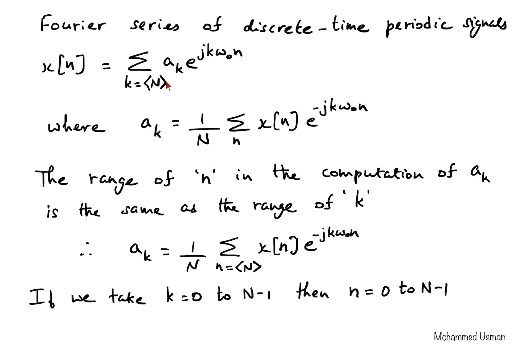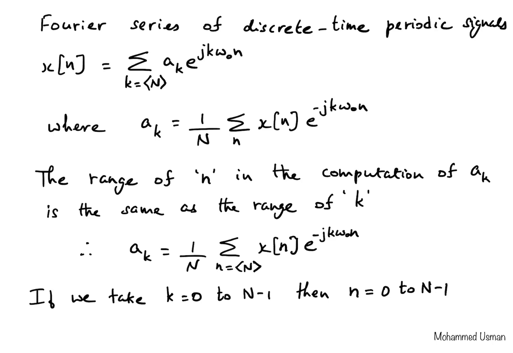Whatever range of k we choose, we have to use the same range for this n as well. So this n should also be a sequence of n successive integers. If we choose k to be 0 to n minus 1, then n also should be 0 to n minus 1. If we choose k to be 1 to n, then the small n should also be 1 to capital N, and so on and so forth.